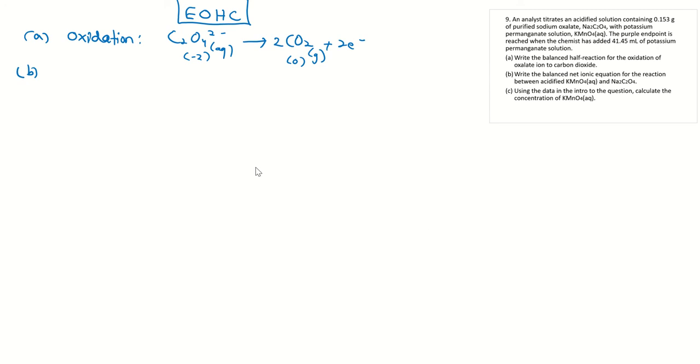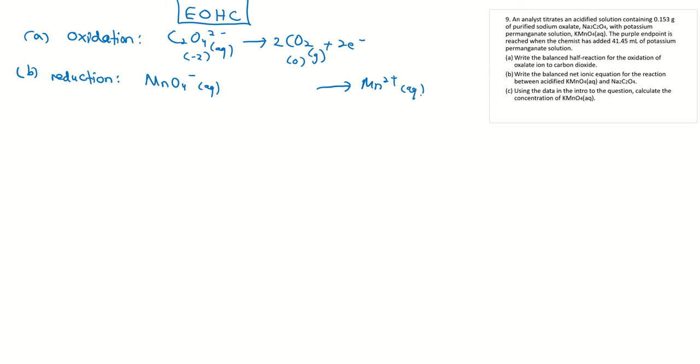Next for B, write the balanced net ionic equation. You already have the oxidation equation, so now you have to write the reduction. Reduction involves the permanganate ion, MnO4 minus aqueous, forming Mn2+.